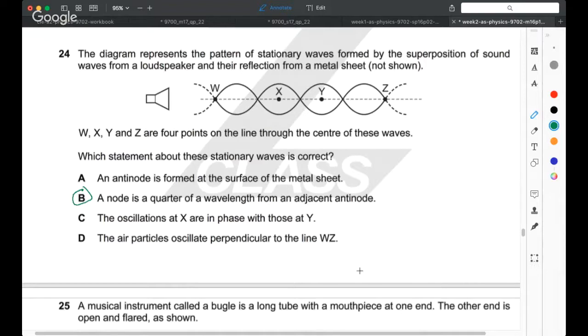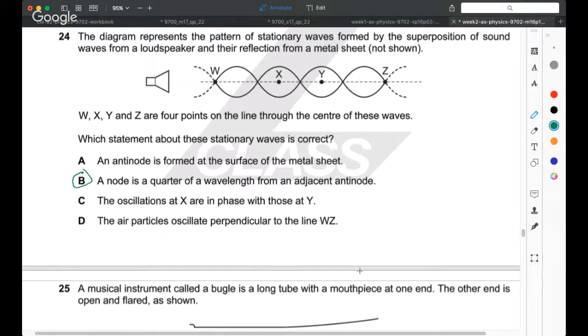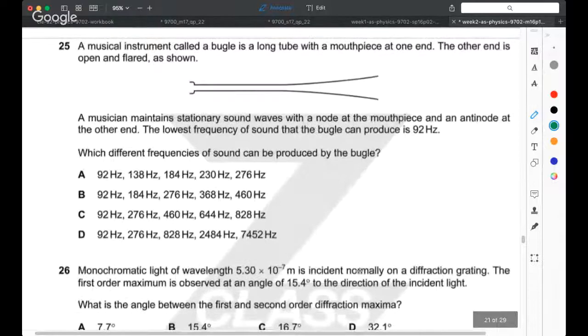Which is the other one? Please. 25? 25. It's a weird question. I have no idea.